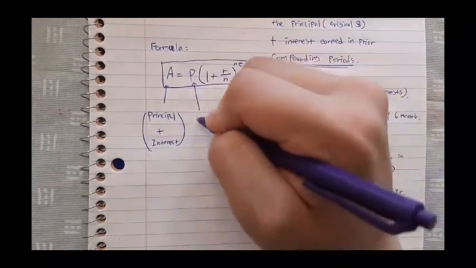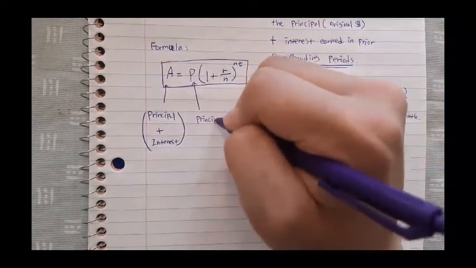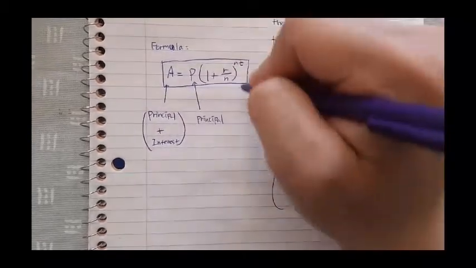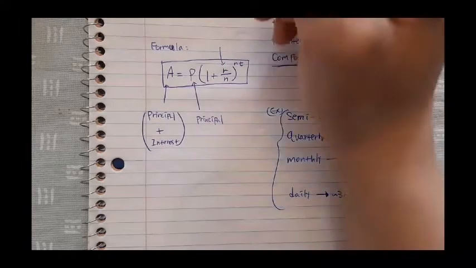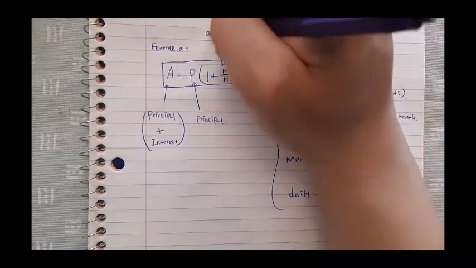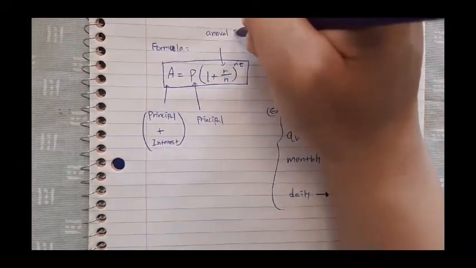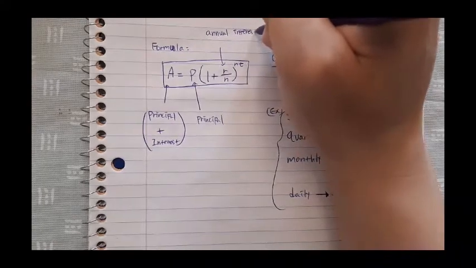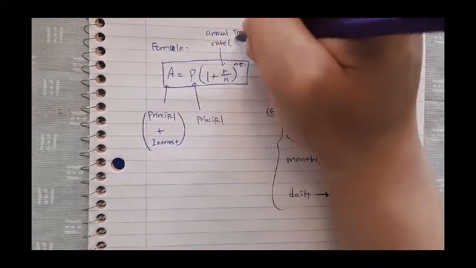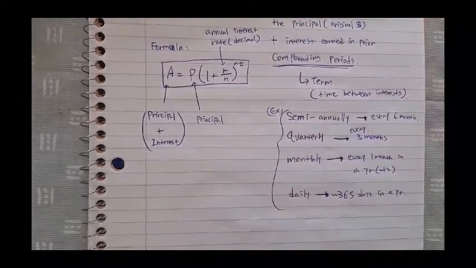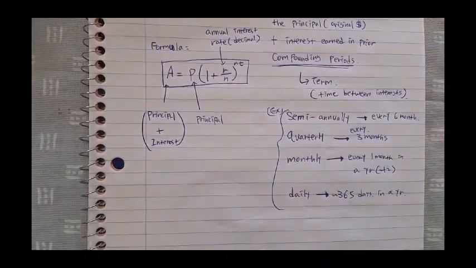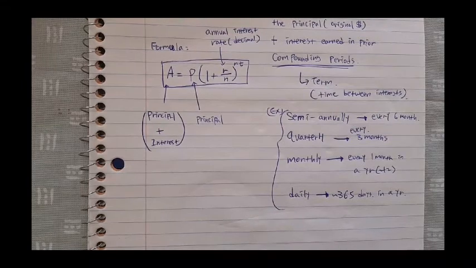P stands for principal, and r, lowercase, represents the annual interest rate. But make sure that it is in decimal. Most of the time, interest is shown as a percentage, but you have to convert the percentage into a decimal.